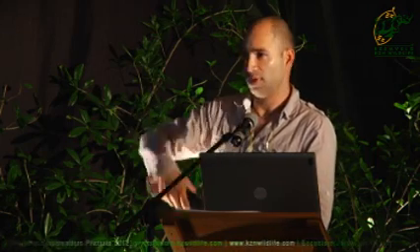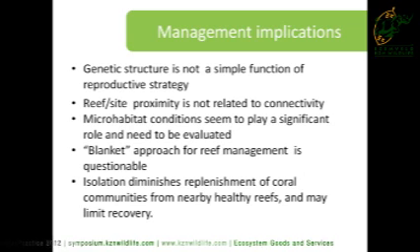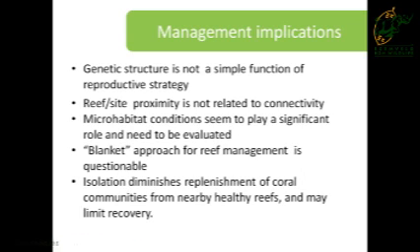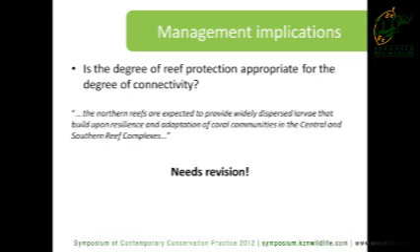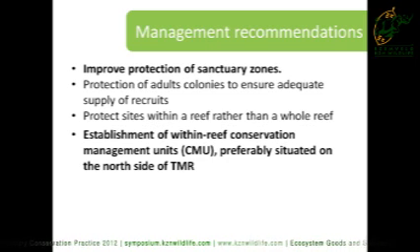If we are broadcast spawning, it does not necessarily mean that we're going to be well connected. Reef site proximity is not related to connectivity, and there are some microhabitat conditions that at the finest scale will make two sites not related. A blanket approach for reef management is questionable, and isolation in general will diminish replenishment of the coral community from nearby healthy corals and may limit recovery. The isolation that we observe suggests that the approach needs revision. What can we suggest?